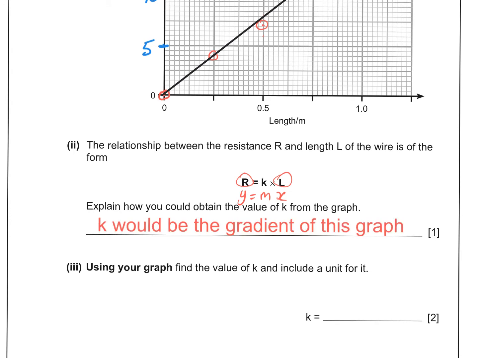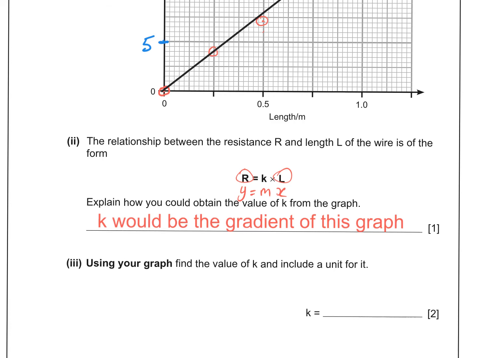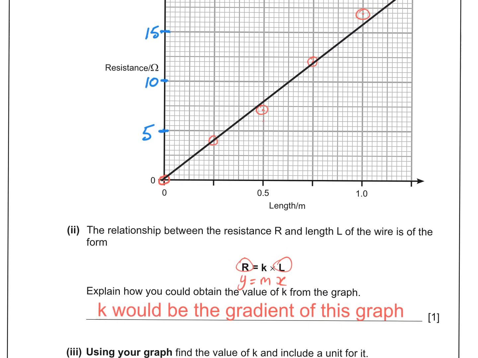Using your graph, find the value of K and include a unit for it. We want to get a rise over run here, and there's a nice easy section going across here and up here with a very defined rise and run, because this value here is right on the graph.